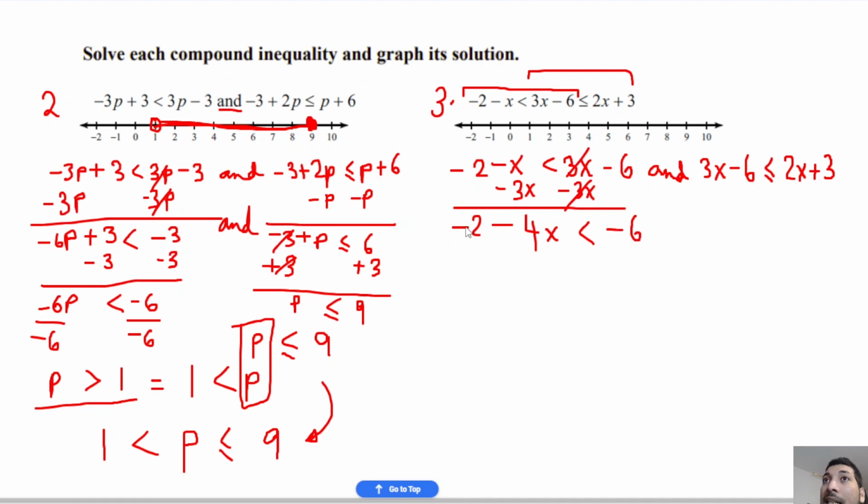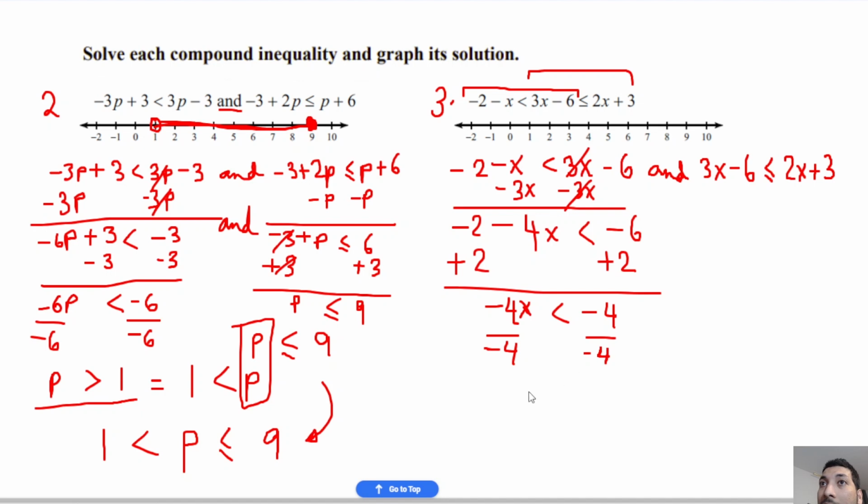Now we take this -2 to the right side by adding 2 on both sides. If we add 2, we get -4x less than -6 plus 2, that is -4. And to get x by itself, we divide both sides by -4. Since we are dividing by a negative number, we get x greater than 1. -4 divided by -4, that is +1.